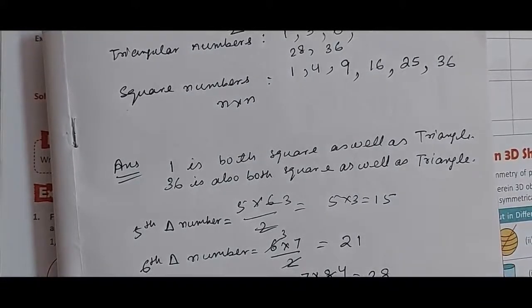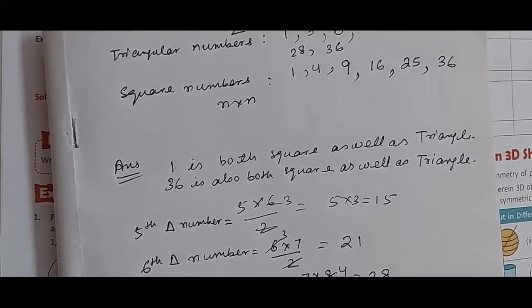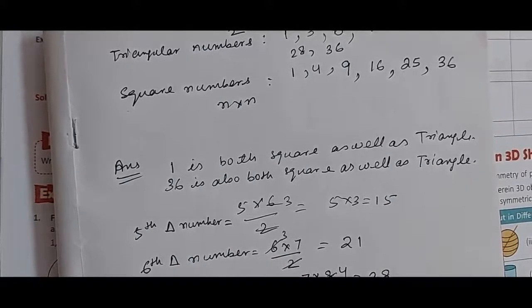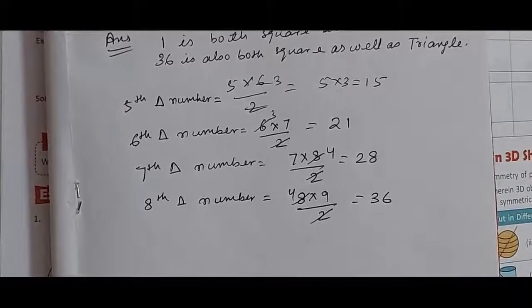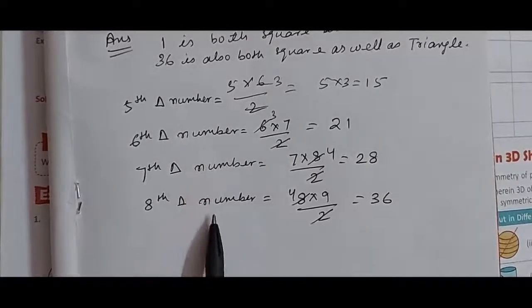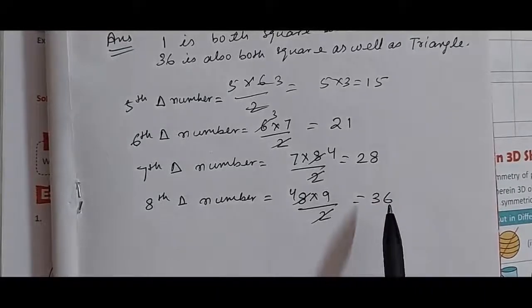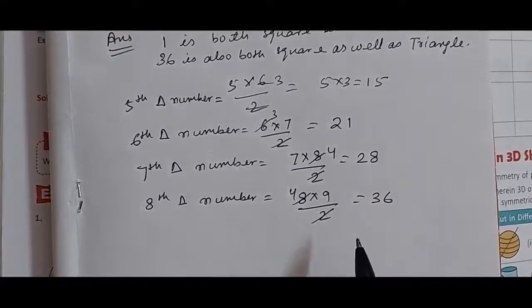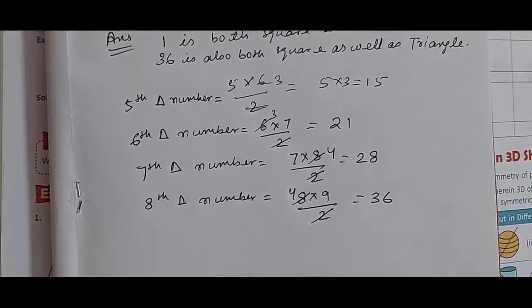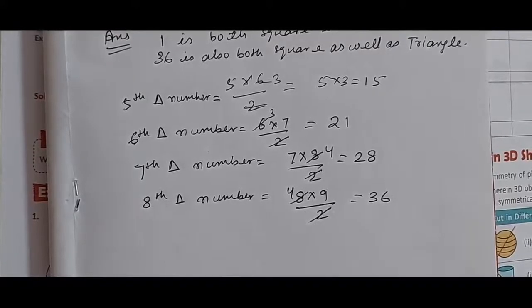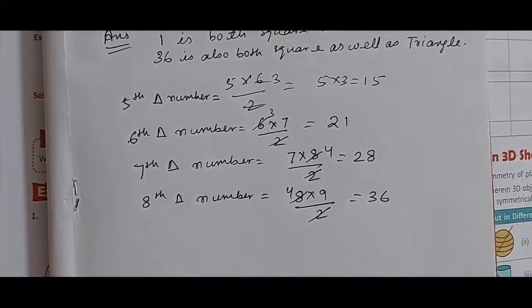So similarly you can go for the others. You go on finding out the next triangular number in this process, just like how we took out 5th, 6th, 7th, 8th. Wherever you get a square, that number is a triangular number as well as a square number. So I hope everybody understood this question.